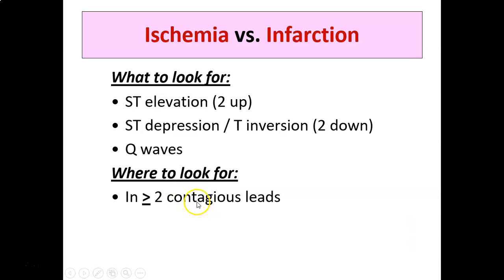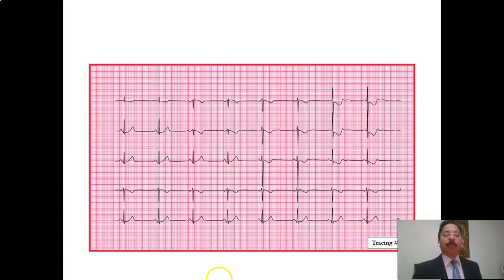So why is it important? Because if you get a finding in lead 1 only, this may or may not be clinically significant. But if you get it in 2 anatomically contiguous leads, like for example 1 and AVL, then this is really important. So look at this ECG.